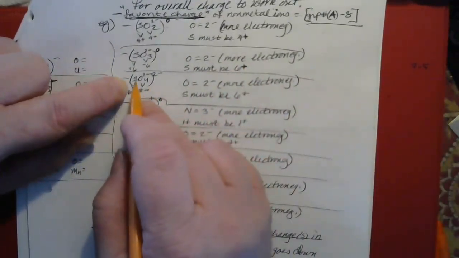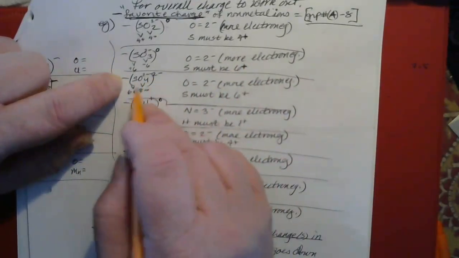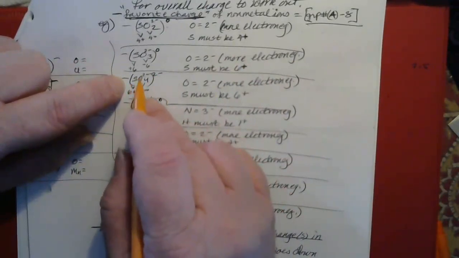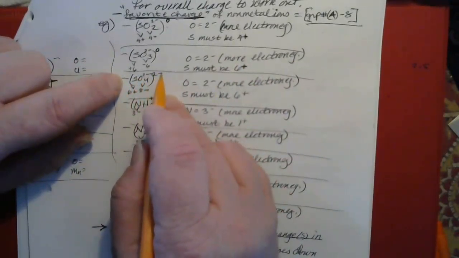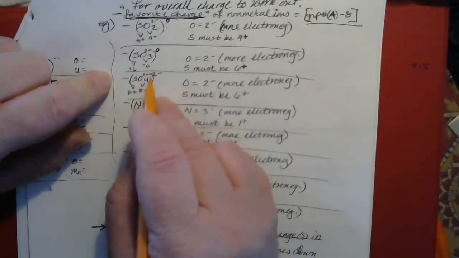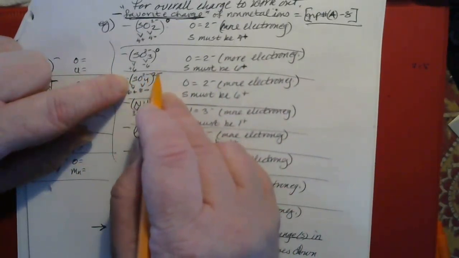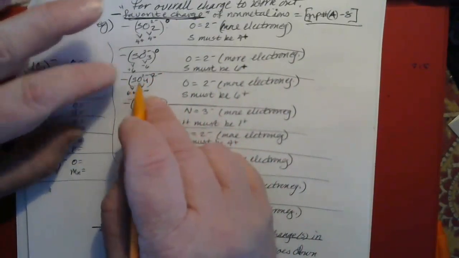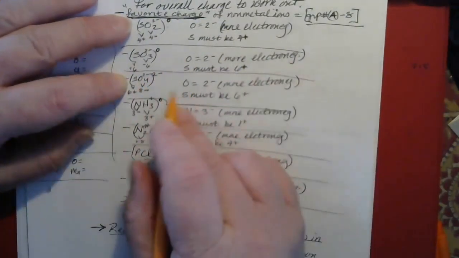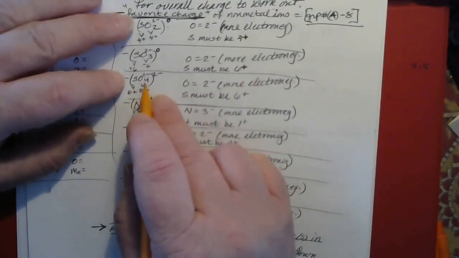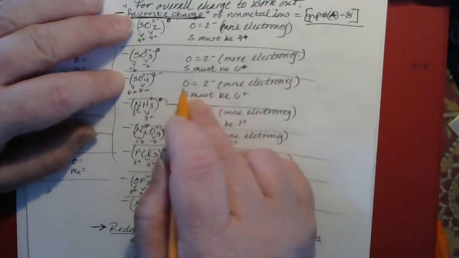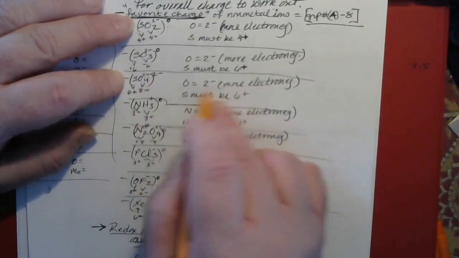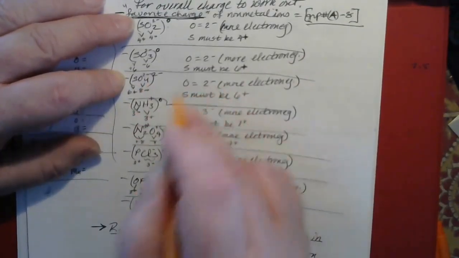You also have the sulfate ion. The sulfate ion has the formula SO4 minus 2. And so all of the oxidation states in this case are going to have to add up to minus 2. Again, with the elements, it's a choice between sulfur and oxygen. Obviously, oxygen is the more electronegative of the two. So oxygen gets to take its favorite charge as an ion, which is minus 2 again.